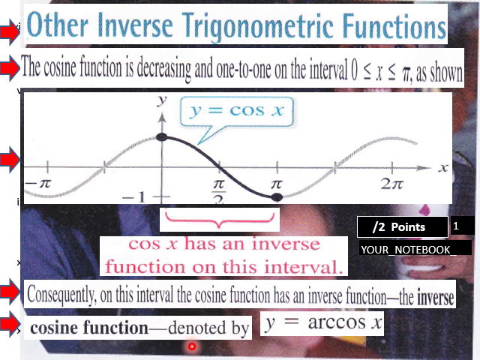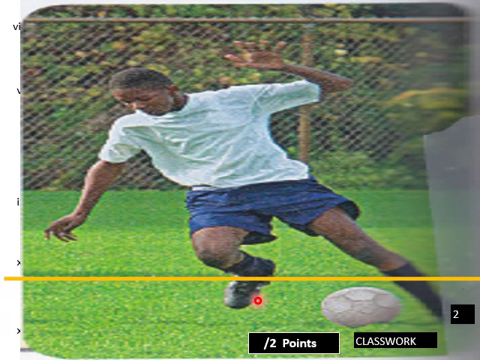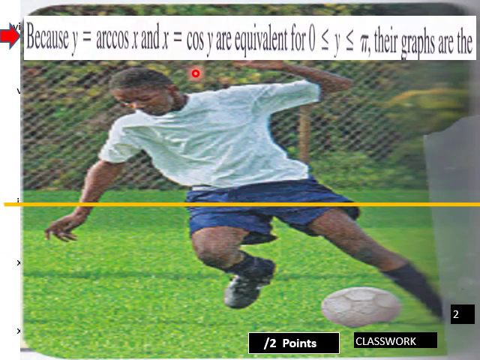The inverse cosine function is denoted by y equals arc cosine x, or y equals cosine to the negative 1 x. To further get into this, y equals arc cosine x and x equals cosine y are equivalent. So these two functions are equivalent on this interval.